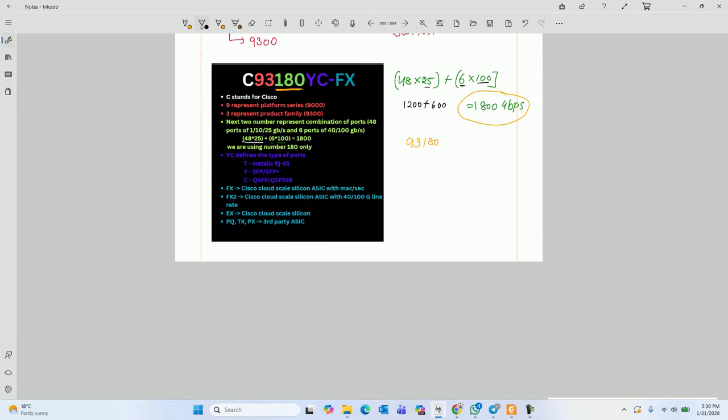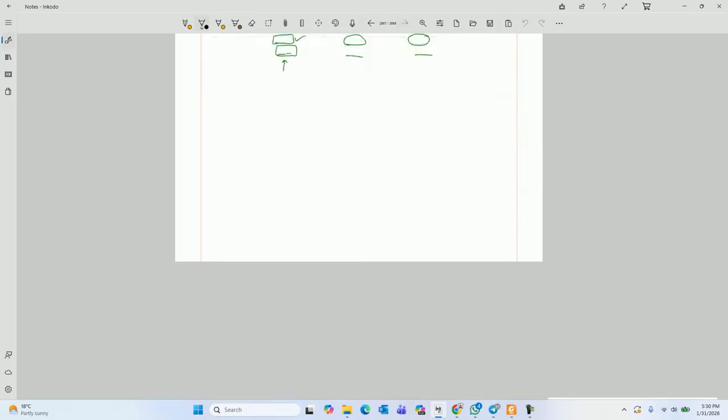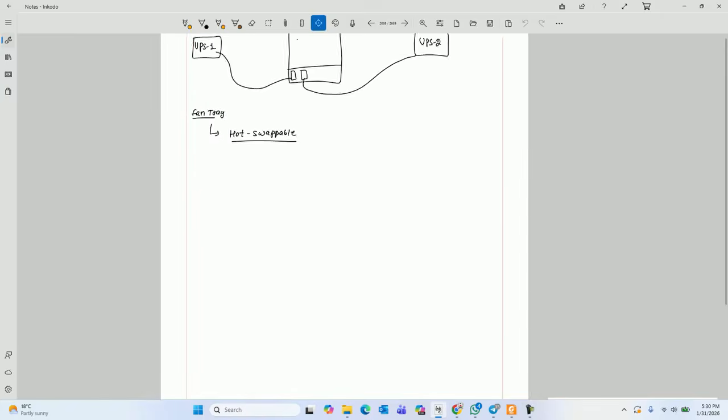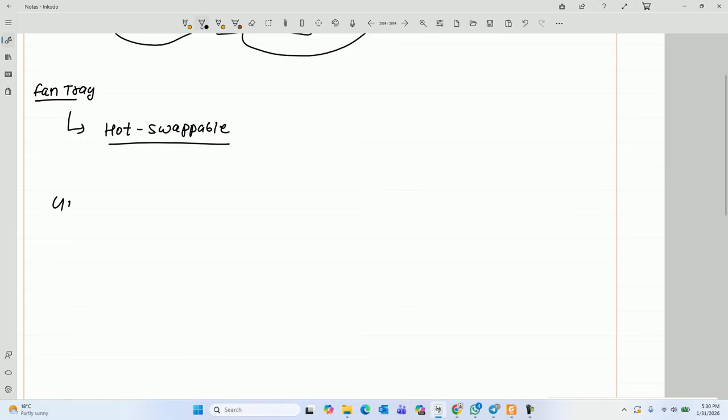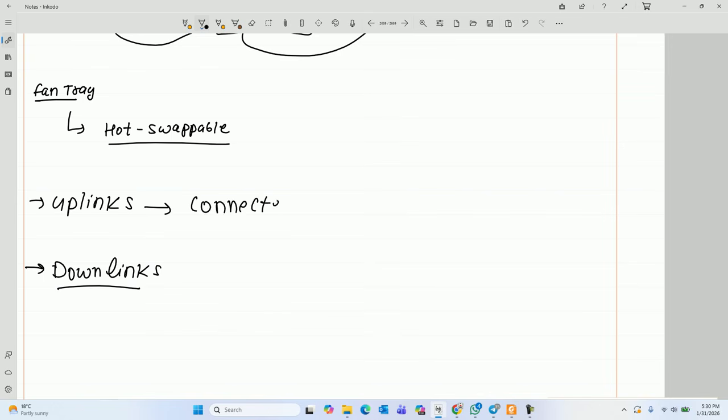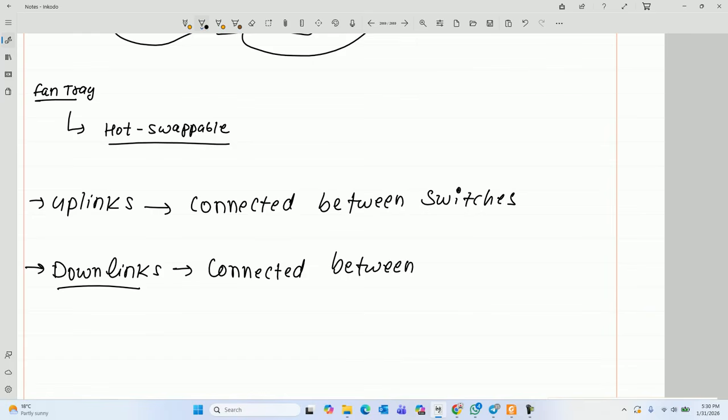Uplinks are connected between switches, and the downlinks are connected to the endpoints.